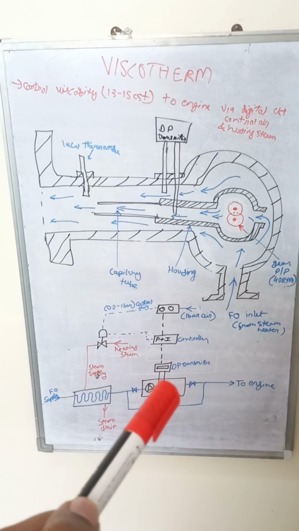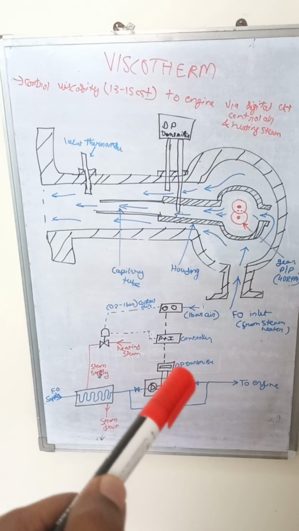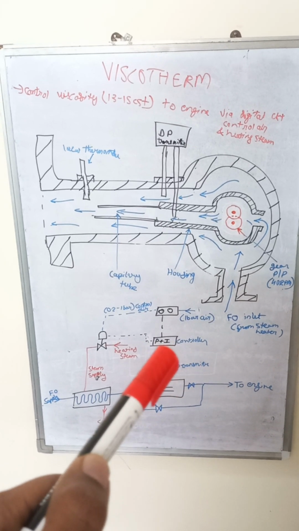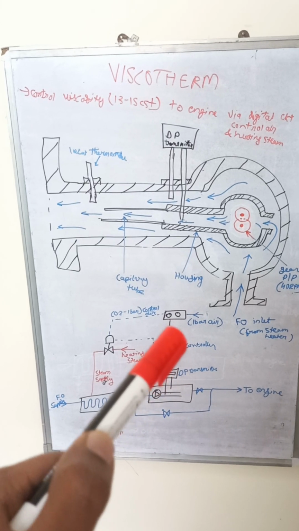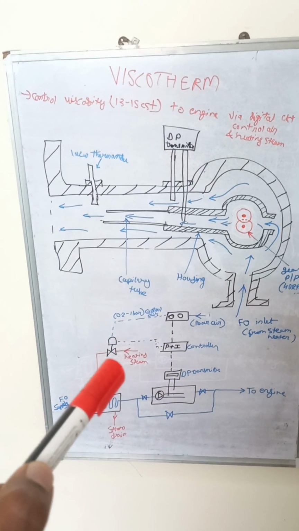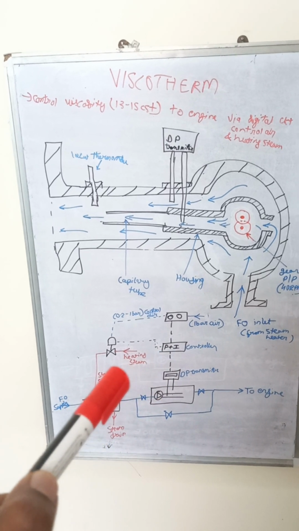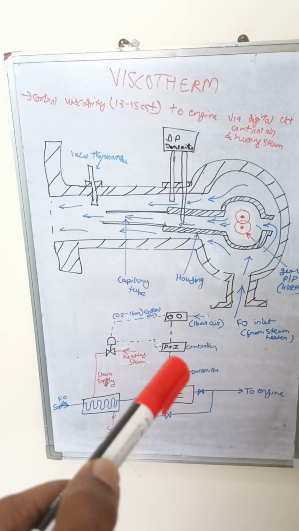This difference in pressure is measured directly in terms of centistokes, and this DP transmitter sends this signal to a PI controller. This PI controller decides the amount of air that needs to be supplied to this pneumatically controlled valve so that the heating steam can be provided to achieve the required centistoke output.